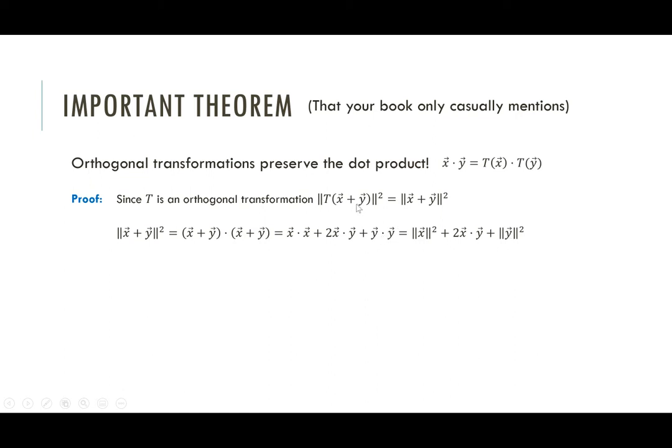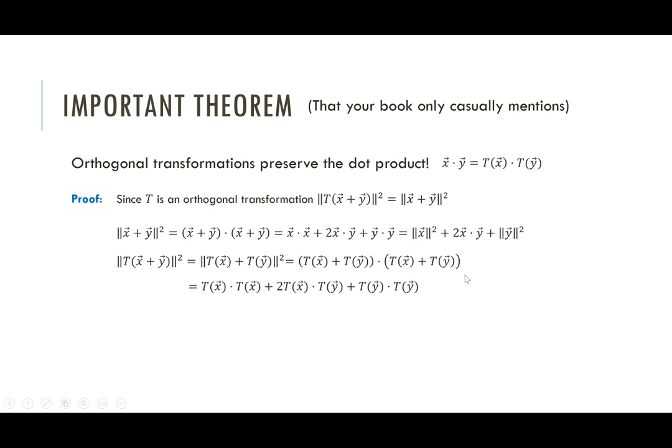So okay, let's do something similar with T of x plus y. But first, we're going to use the fact that T is linear to say T of x plus y is T of x plus T of y. All right, but now we're off to the races. We'll do the exact same calculation. The length of this squared is Tx plus Ty dot Tx plus Ty, which is equal to, you do your foiling, Tx dot Tx plus 2Tx dot Ty plus Ty dot Ty.